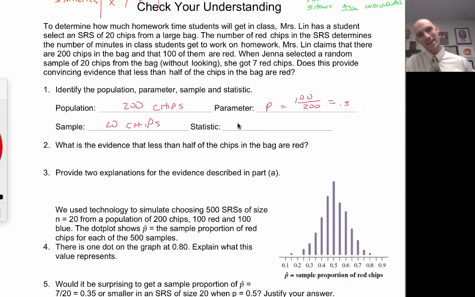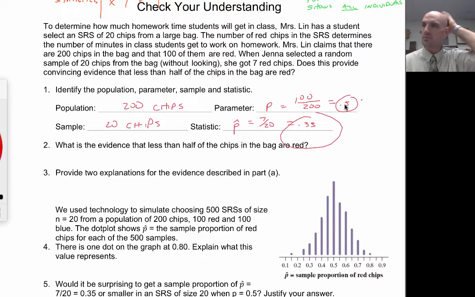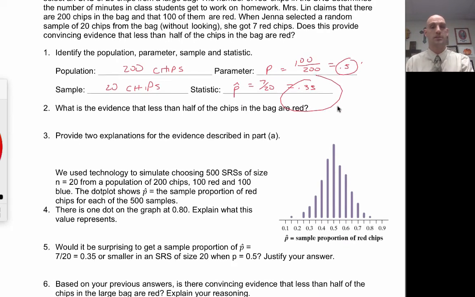Our statistic is from the sample that was pulled. And so that's p hat. So our sample would be 7 out of 20, which would be 0.35. So we're actually going to be comparing this 0.35 to this 0.5 to determine, is it convincing evidence that Mrs. Lynn didn't have the 100 chips in there, or that something else went wrong.